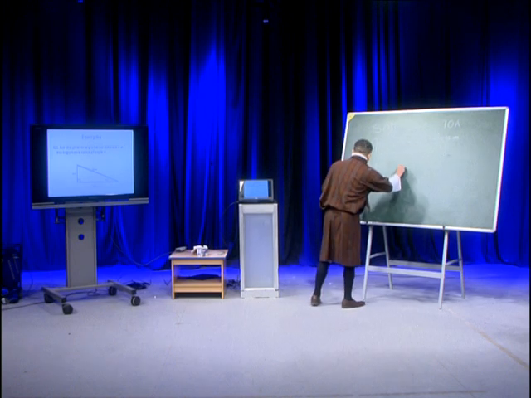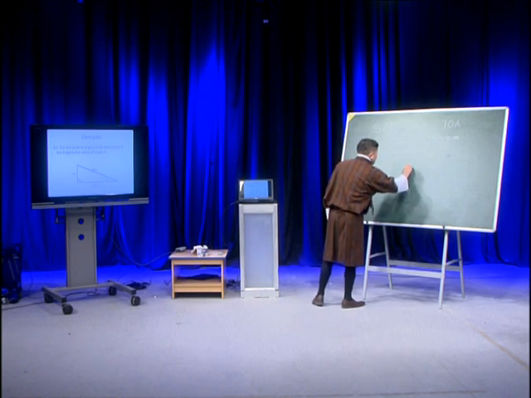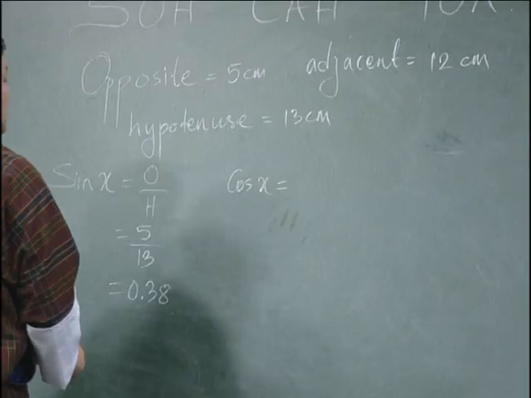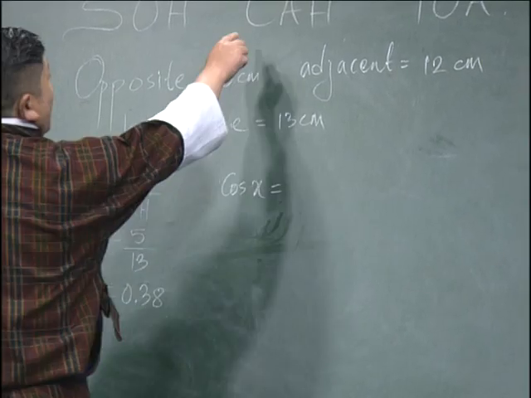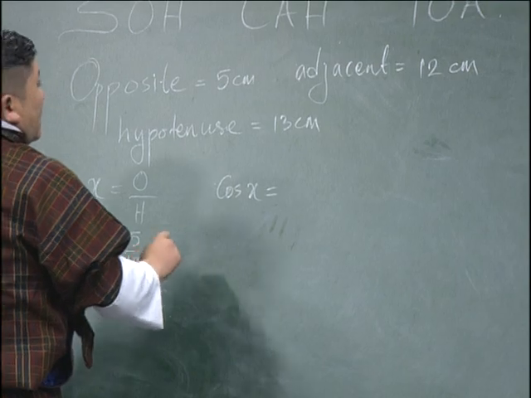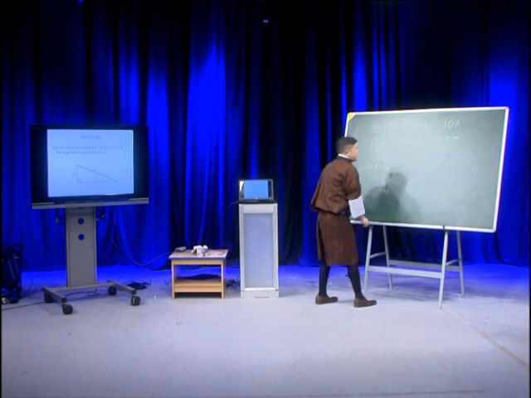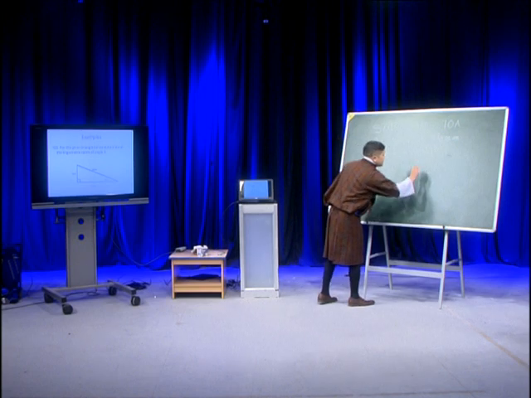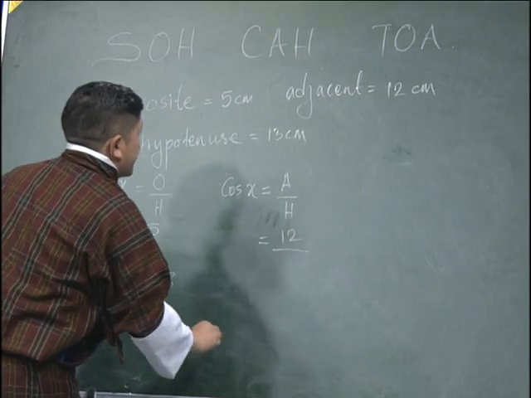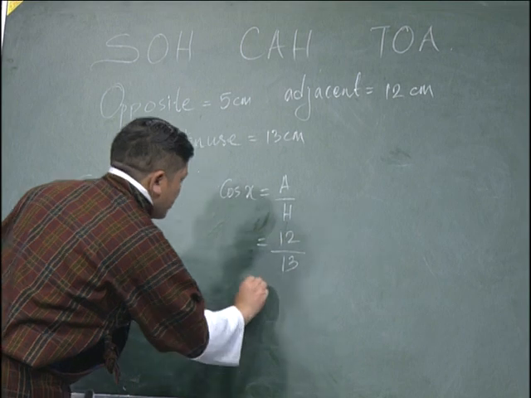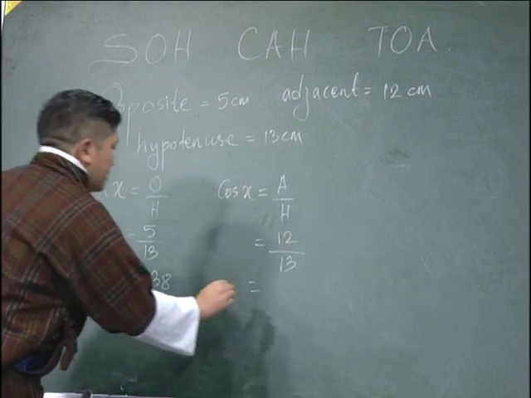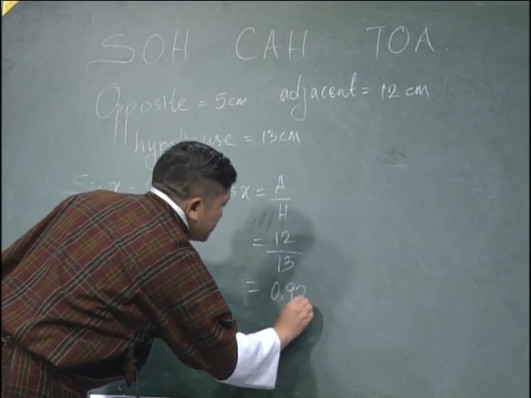Then let's say that cos x is what? Cos x is adjacent over hypotenuse. So adjacent is how much? Adjacent is 12. Hypotenuse is 13. So 12 over 13 is 0.92.